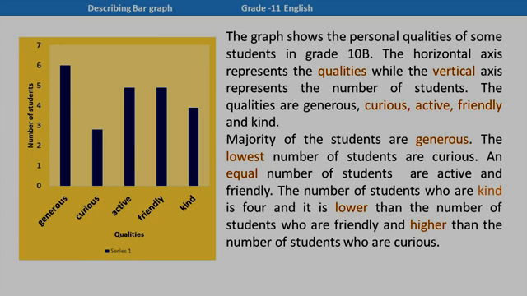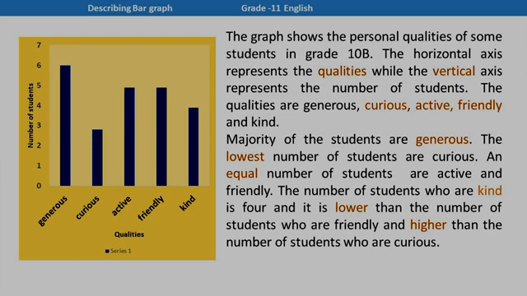The number of students who are blank is 4. Now look at the graph again. What is number 4 there? Yes, it is the quality kind, right? So the answer should be kind. There is 4 and it is blank than the number of students who are friendly, right? Now look at the two bars, kind and friendly.